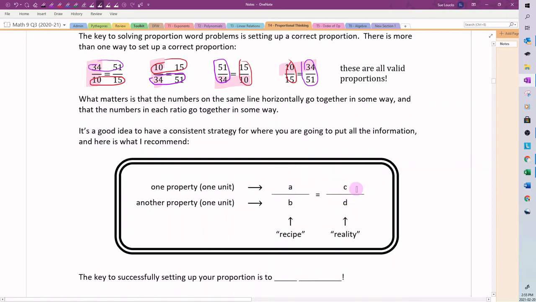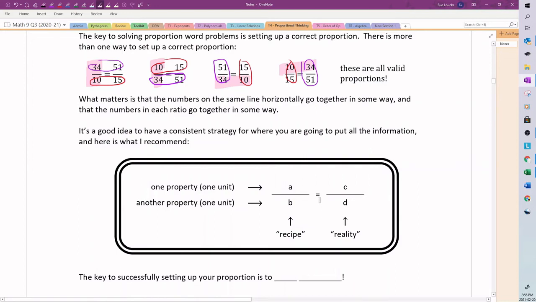The top line is one property, for example how much broth is going in your soup. The other property might be how much rice is going in your soup. So the broth has to be on one line and the rice on a different line, but both rice measurements need to be on the same line.